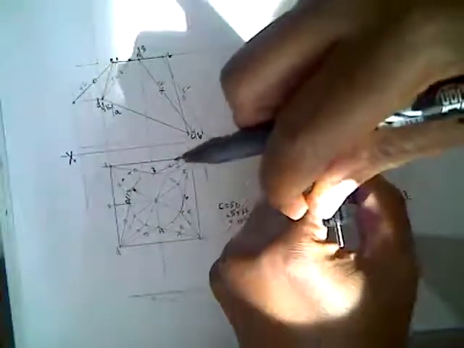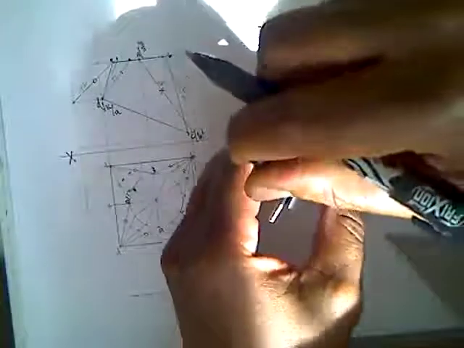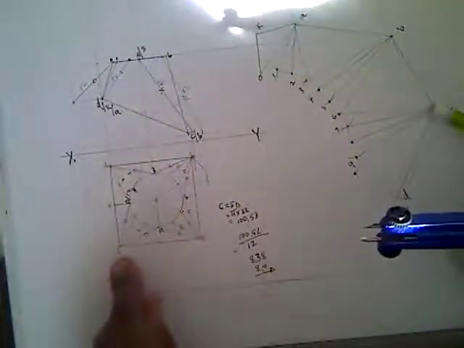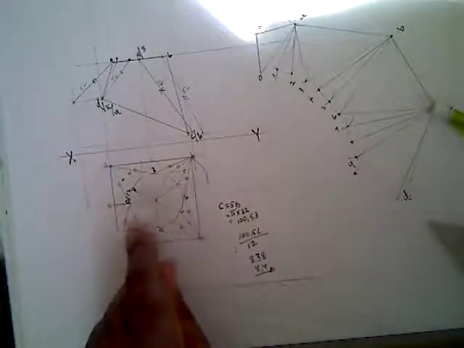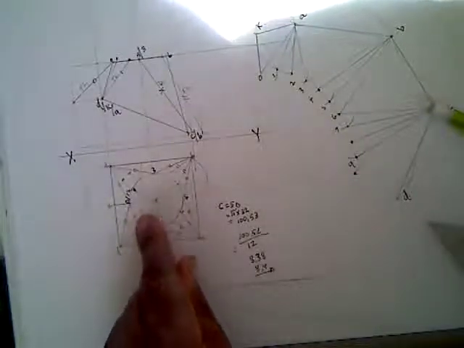And then 10 to 11, while it's still small. And then now D to 11. That was D to 9 there, and D to 10. D to 11 is that one.